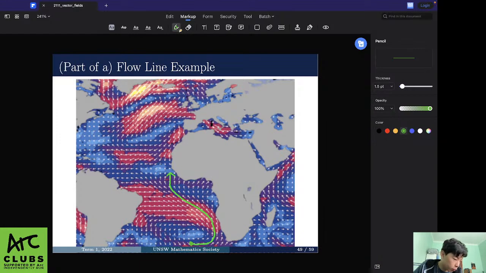Maybe it would follow the arrows to do a path like that. Since this path follows the vector field, it's called a flow line. And what you might notice is that the tangent at each individual point is going to be equal to the vector at that specific point in the vector field.